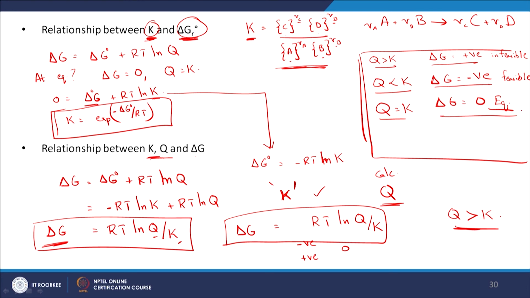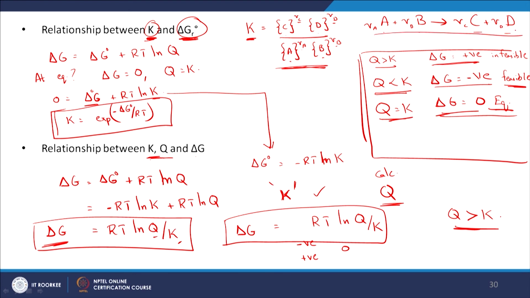When Q is greater than K, the forward reaction as we have defined it is infeasible, but the reverse reaction, as in C and D reacting to form B and A, is going to be feasible. When Q is less than K, the forward reaction is feasible, written as A and B reacting to form C and D. When Q is equal to K, the system is at equilibrium or delta G is 0, and there is no further change in the system.